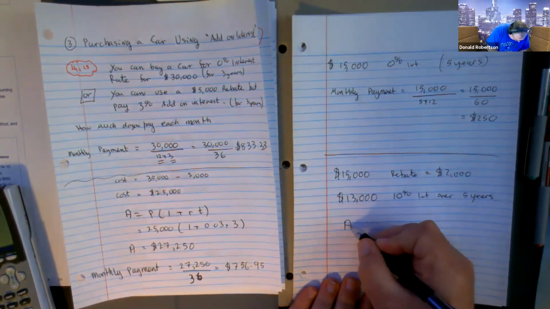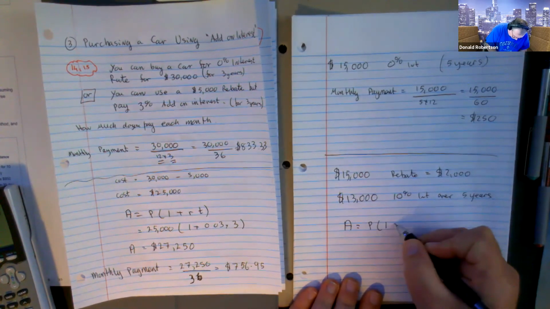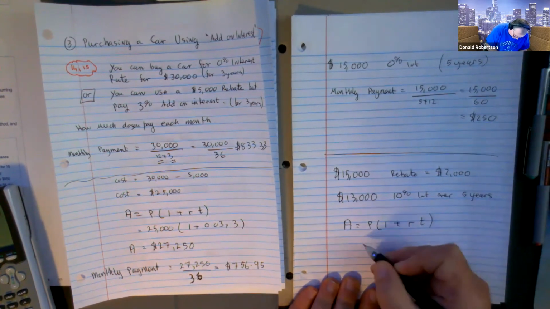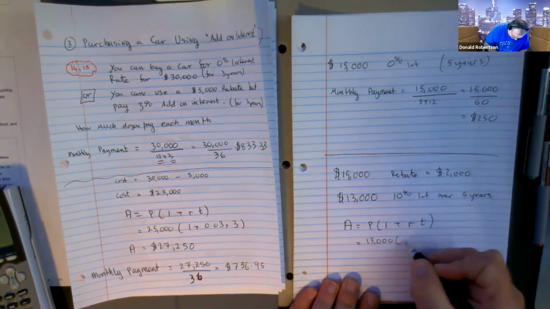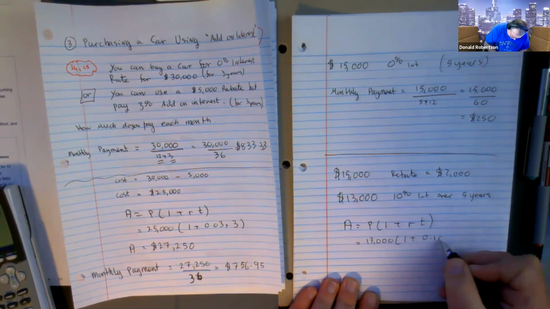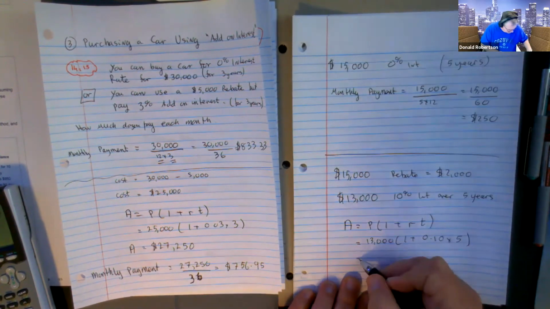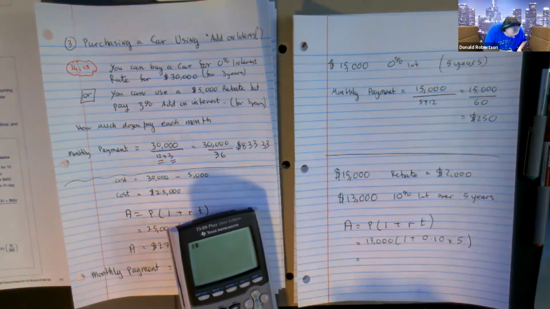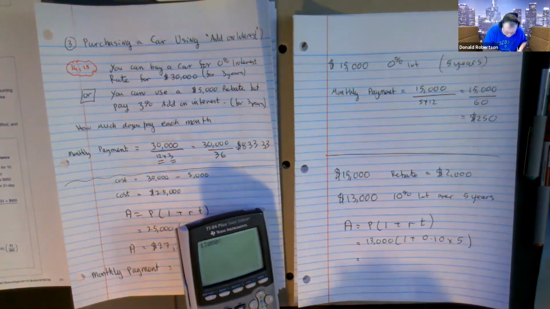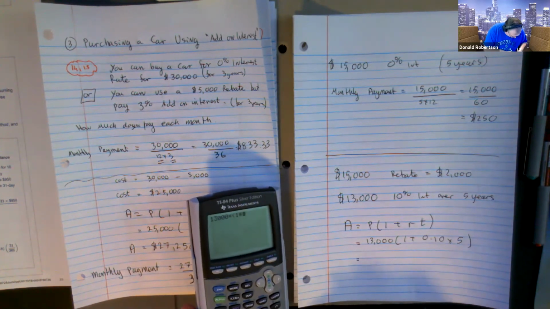The amount that you would pay is P(1 + RT). 13,000, that's good, times 1 plus an interest rate of 10% over a 5-year period. You will end up paying 13,000 times a bracket 1 plus 0.10 times 5.